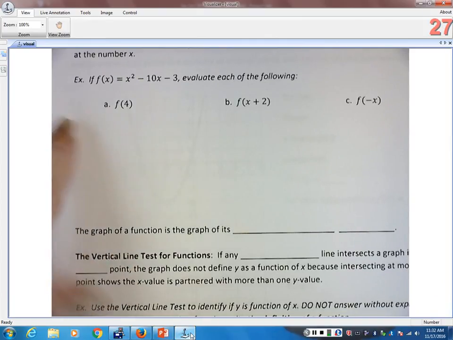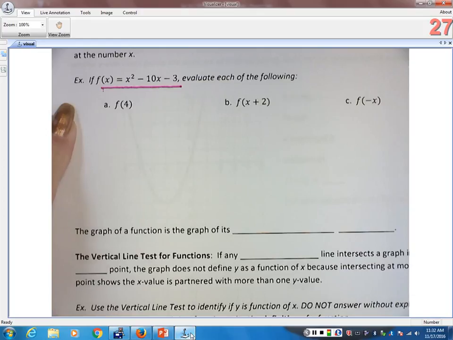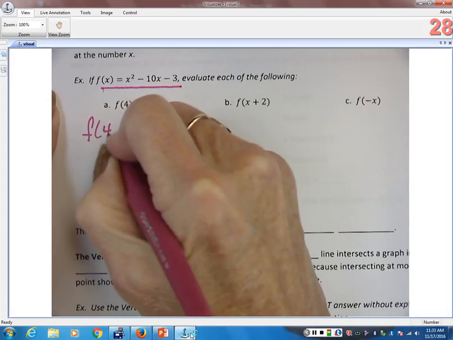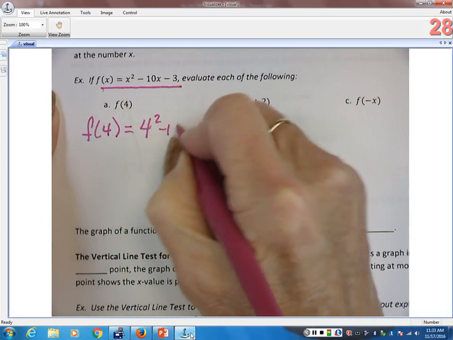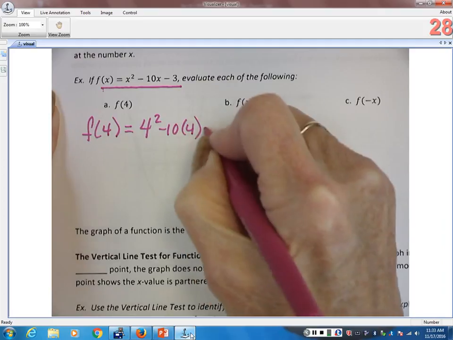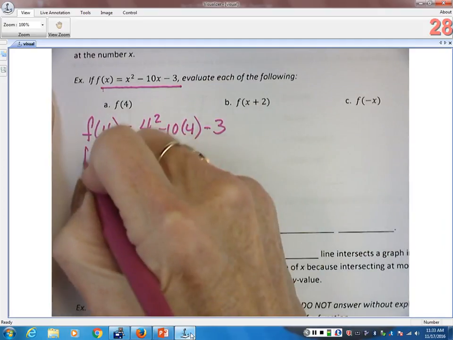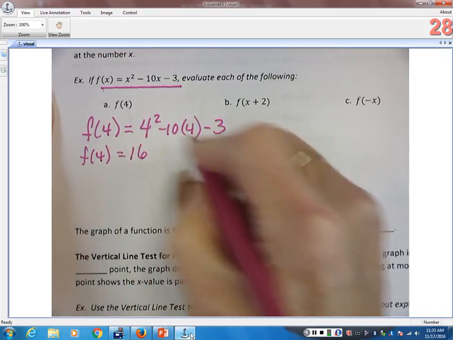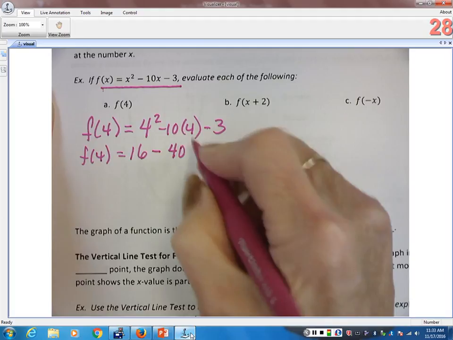Okay, this is our function. f of x is equal to x squared minus 10x minus 3. f of 4 is equal to 4 squared minus 10 times 4 minus 3. 4 squared is 16, minus 10 times 4 is 40, minus 3.